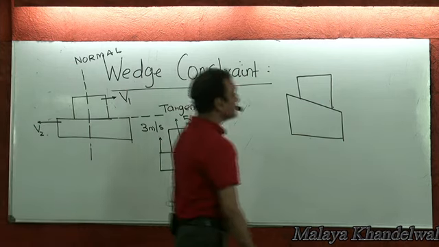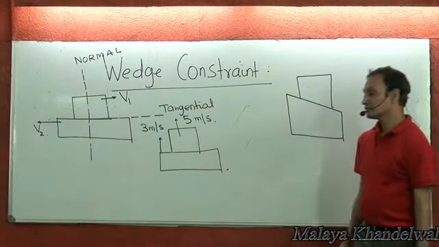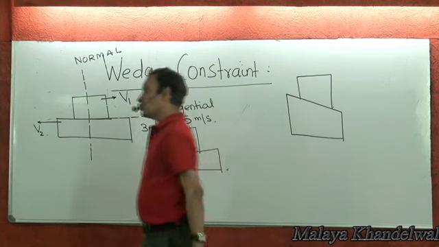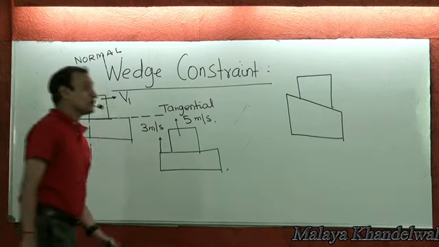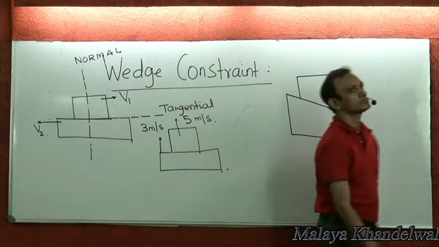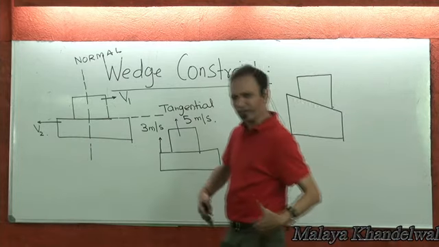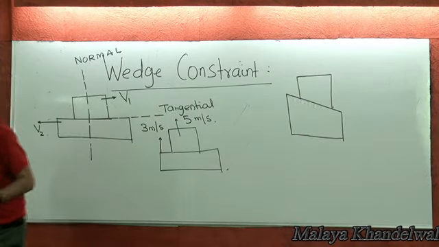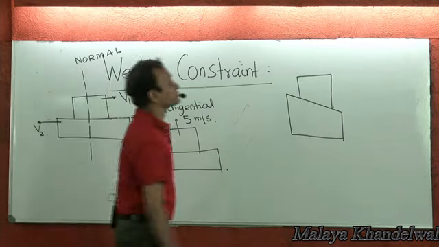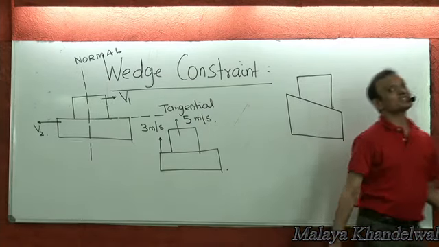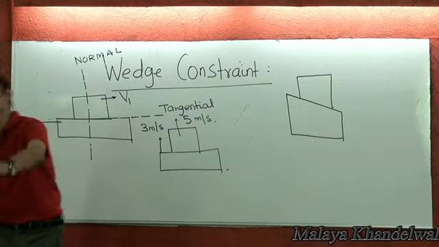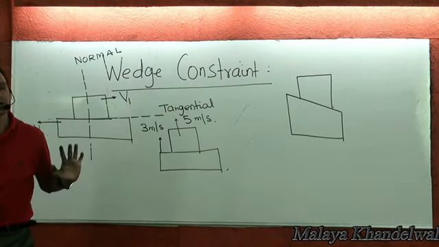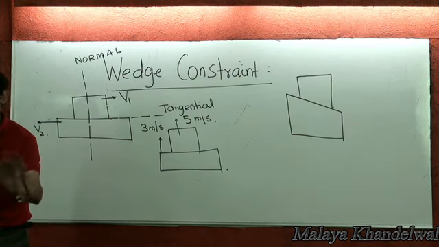That means for two bodies or two surfaces to maintain contact, their velocities/accelerations in the common normal direction must be the same.